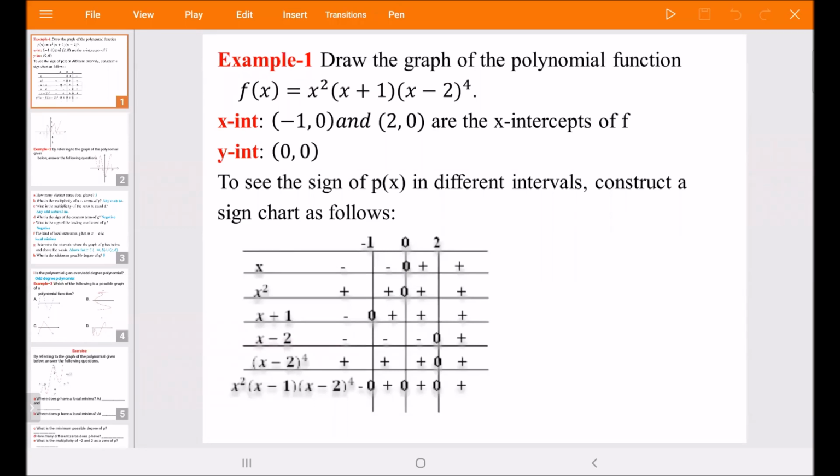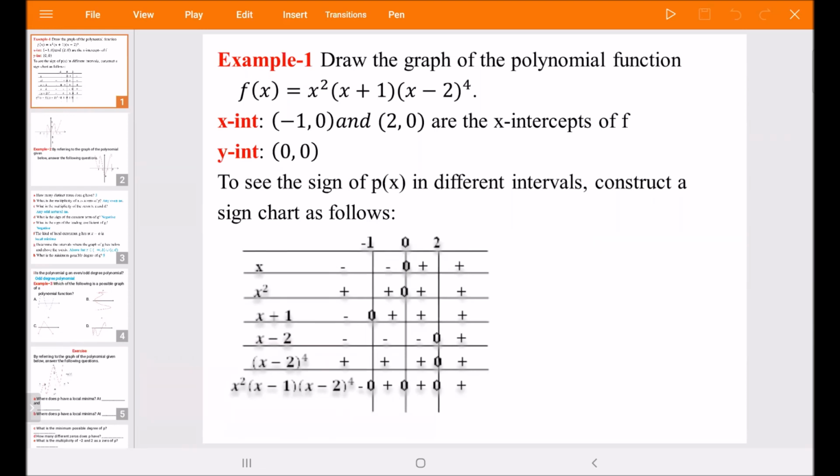And if you remember the common properties of polynomial functions I told you last time, one of them is that the graph of every polynomial function crosses the y-axis only once. So there is no need to find the y-intercept. Already the origin, and the points (minus 1, 0) and (2, 0), are the intercepts of this function.